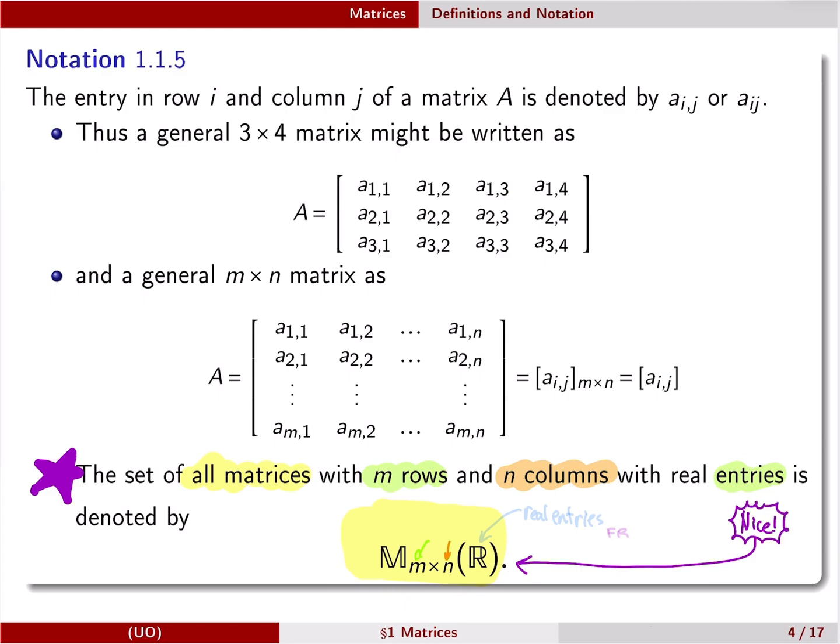So we're talking about all matrices with m rows and n columns, and the big R in there just means that we're dealing with real entries, or the entries in the matrix are real numbers.